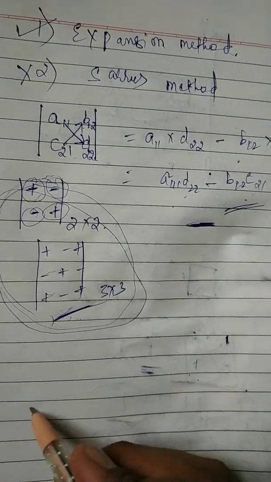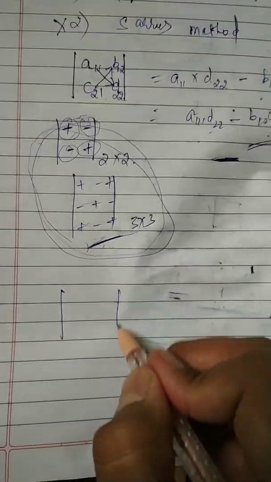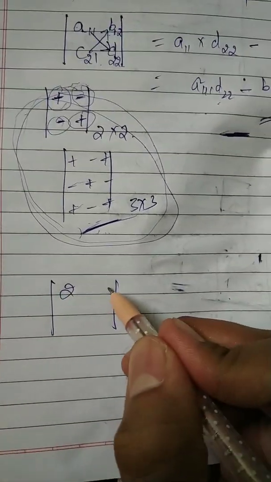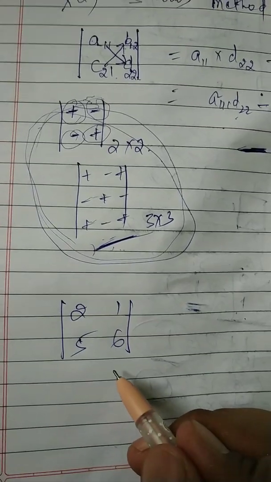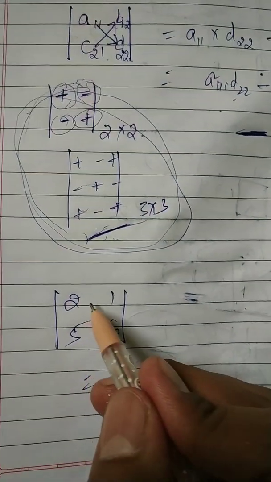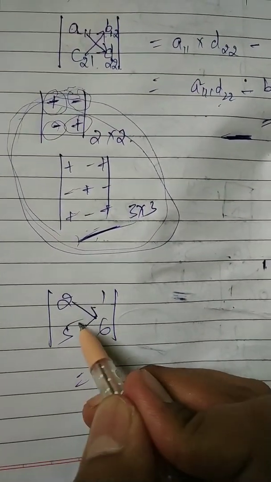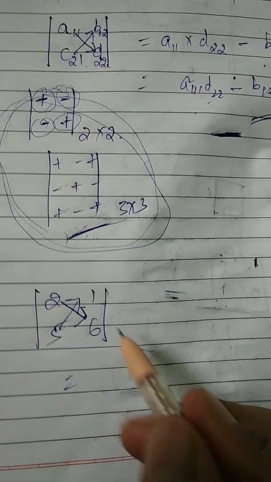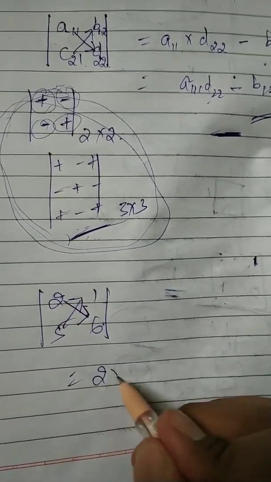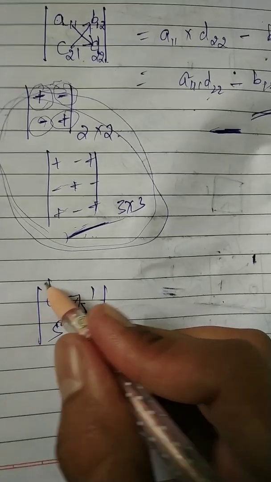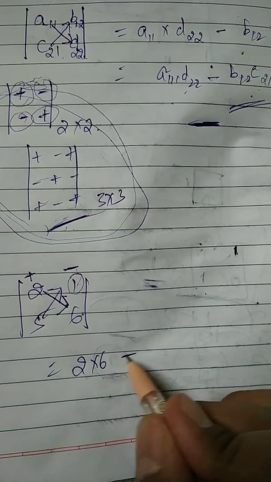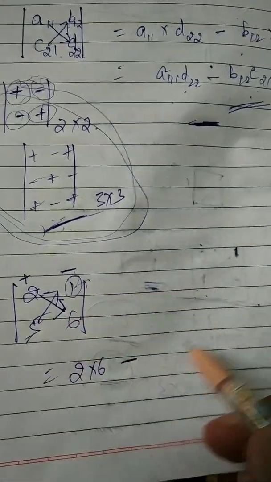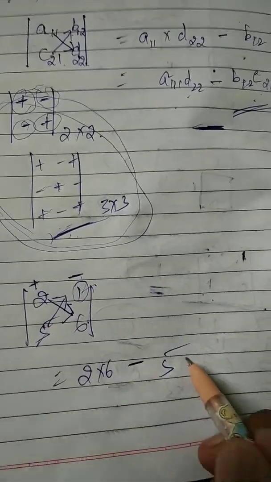For example, if you have to find the determinant of 2, 1, 5 and 6, what is the determinant of this matrix? It is very simple. As I told you, you're supposed to multiply crossways. 2 times 6, and since we know the sign for this value is negative, it is subtracted with 5 times 1.